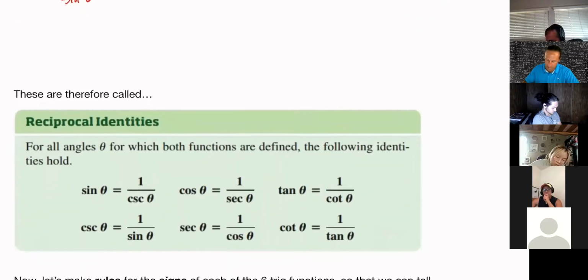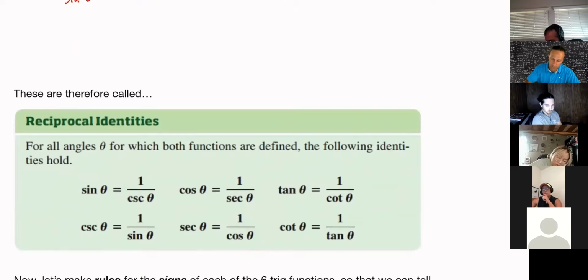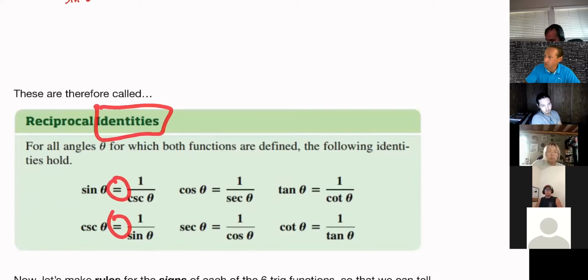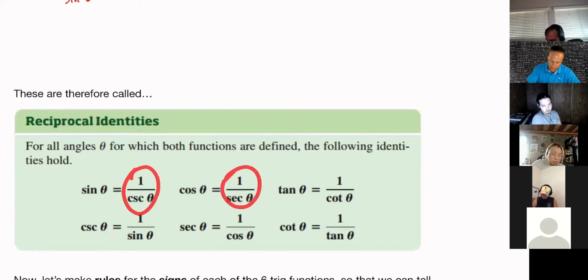So there it is. And therefore we call these reciprocal identities. Why'd they name them that? What are they? They're reciprocals. They're flipped. Very good.